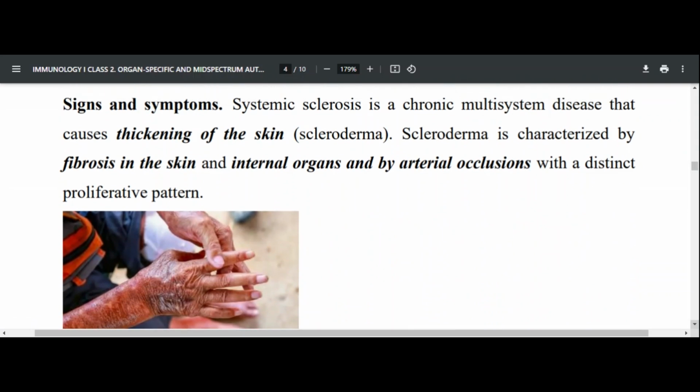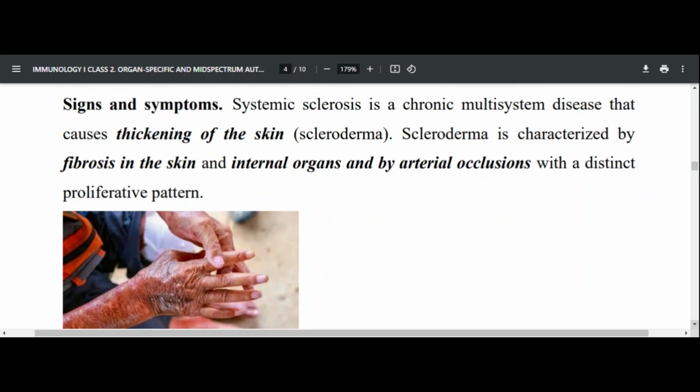As for signs and symptoms, PSS, or progressive systemic scleroderma, is a chronic multisystem disease characterized by thickening of the skin, which is called scleroderma. It is characterized by fibrosis in the skin, internal organ fibrosis, and arterial occlusions, with a distinct proliferation pattern.